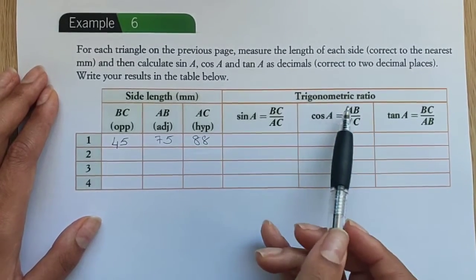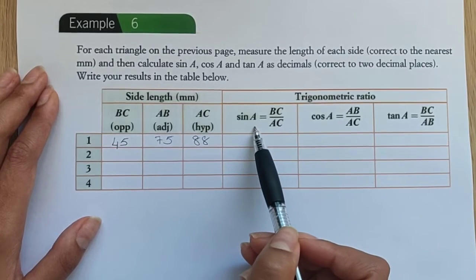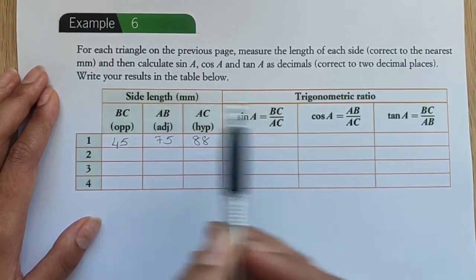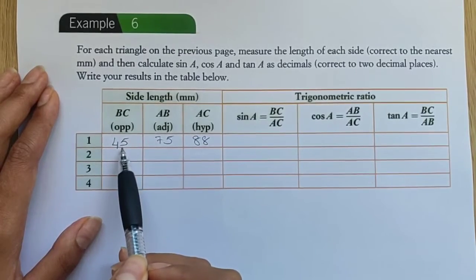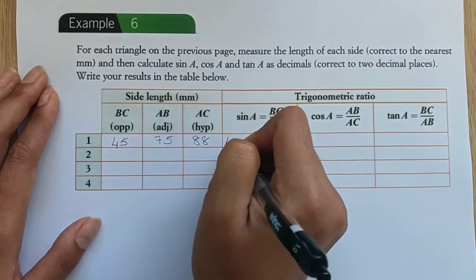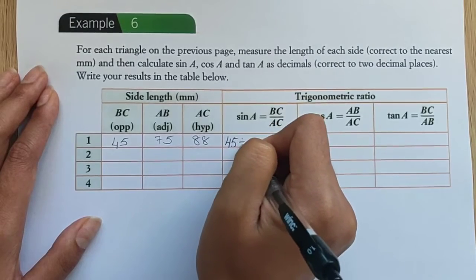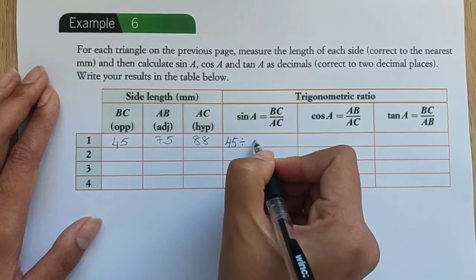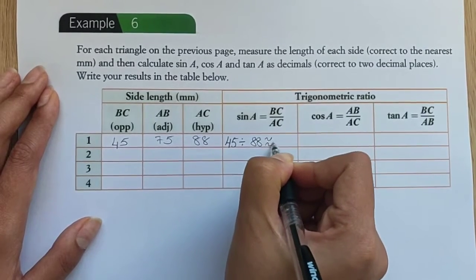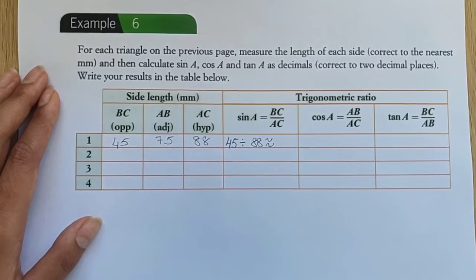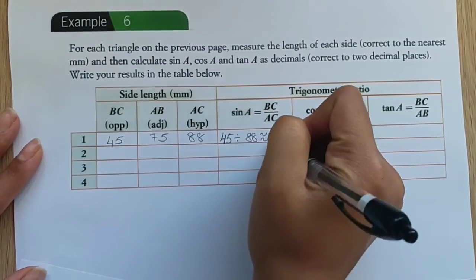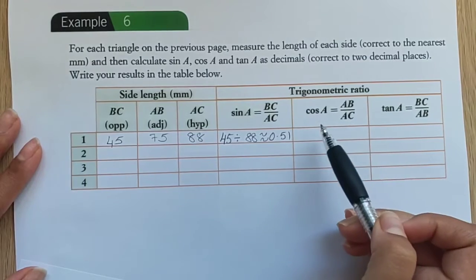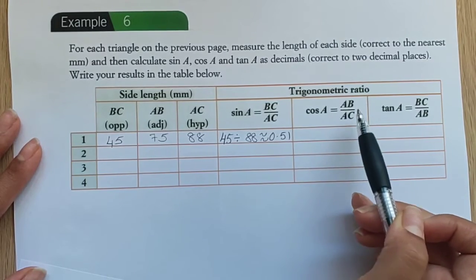Now we're going to calculate the trigonometric ratio for sine A. So sine A equals BC over AC. What's my value for BC? My value is 45. So 45 divided by my value of AC, which is 88, that's 0.51. Now I'm going to calculate cos A equals AB over AC.